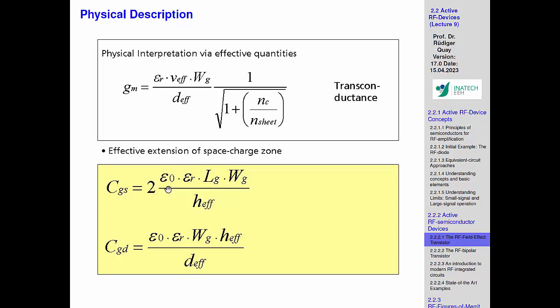Yeah, so that's why we need people like you, who are not just one-dimensional and think, okay, there's a simple formula, we do it. There's a bit of engineering required, and you see that everything works. So in the CGE, this is already a more delicate formula, but in the first approach, you could say that the effective carrier distance from the channel to the gate is the same for these two.